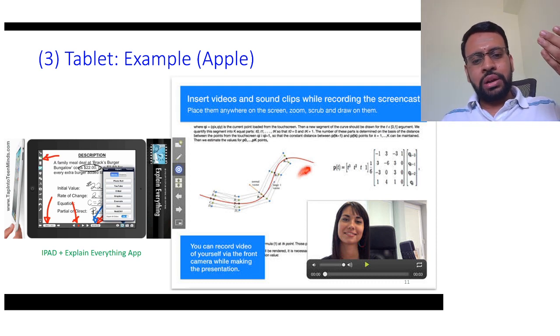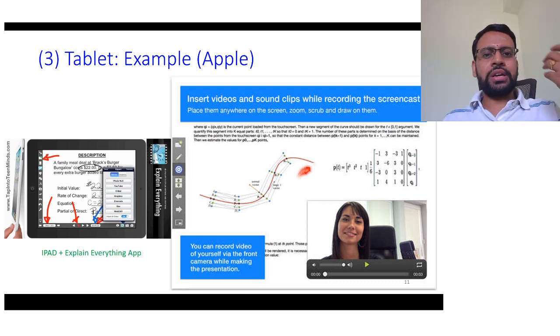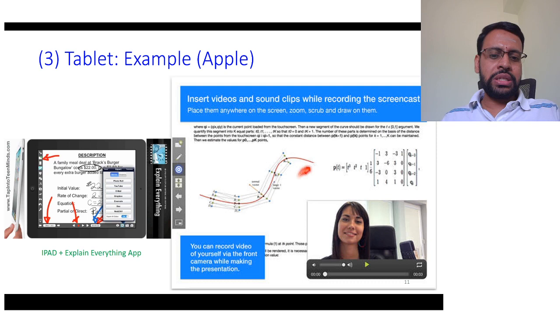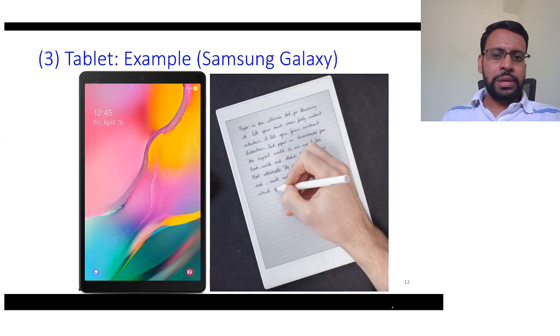It will also allow you to record. The tablet has a camera, so you could record your video there, and the inbuilt mic is available, and you could embed things. So this is one example from the Apple side.